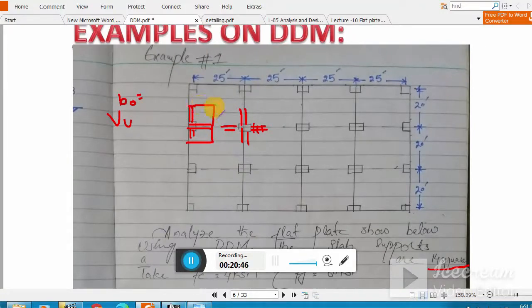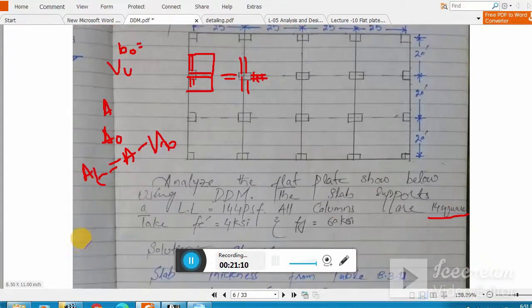So 12.5 times 20 gives you the whole area A, and A naught you will easily calculate from that formula. I already wrote down that formula in my lecture number 10. So your tributary area AT is A minus A naught.